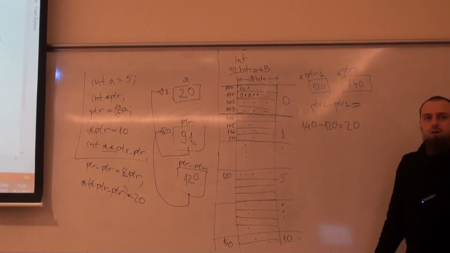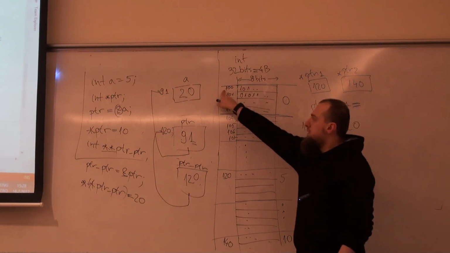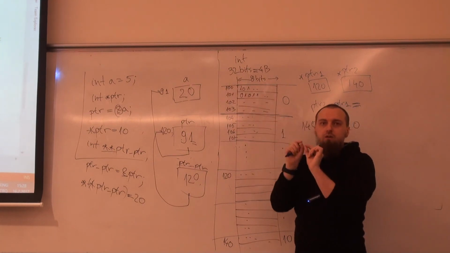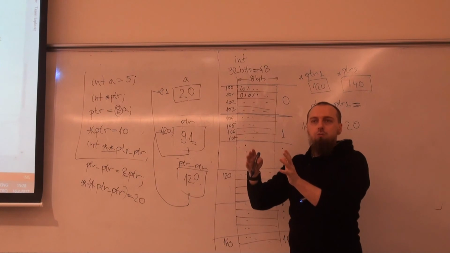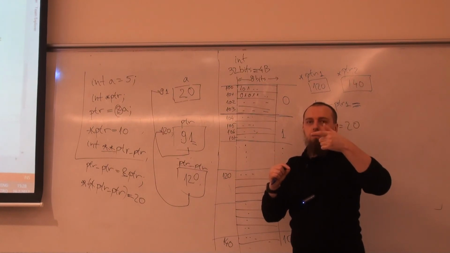What do you think? If I have an integer and its value is 5, and its name is a, if I say a++, it's going to be how much? I have a, its value is 5, and I say a++, 6.